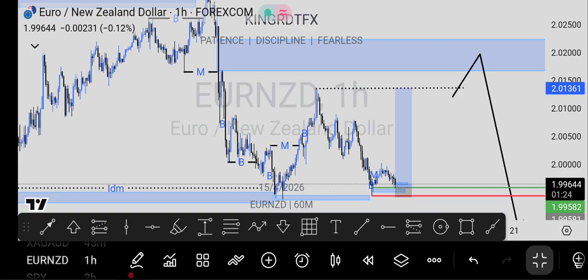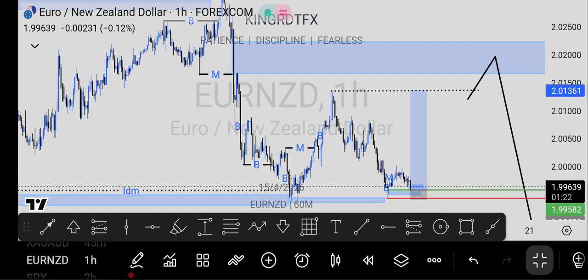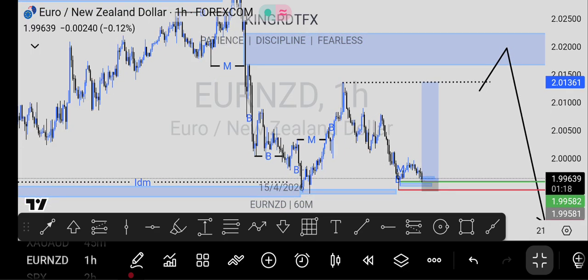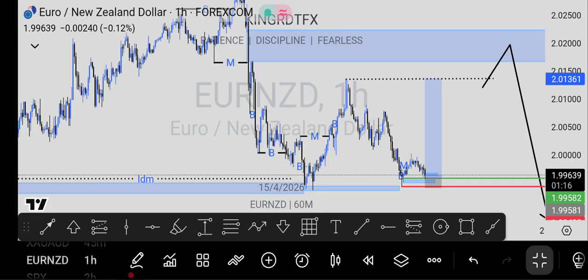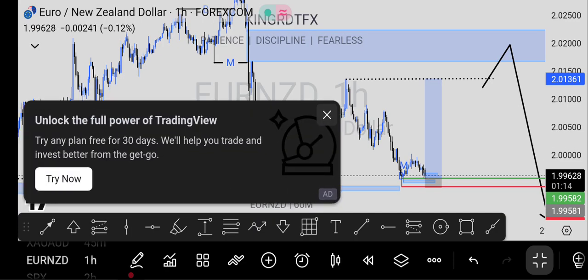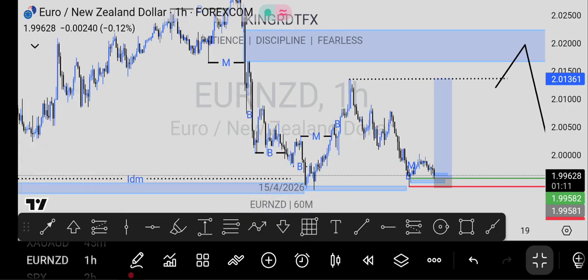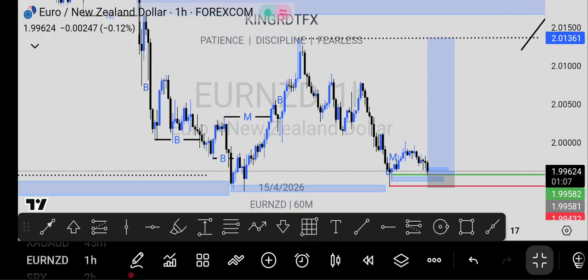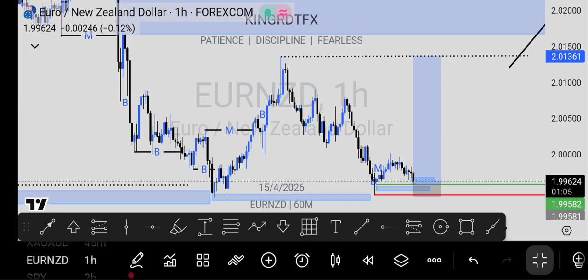EURNZD. If it fails, we just check our mistakes. We go back and check what we got wrong, and if it's right, we move on.